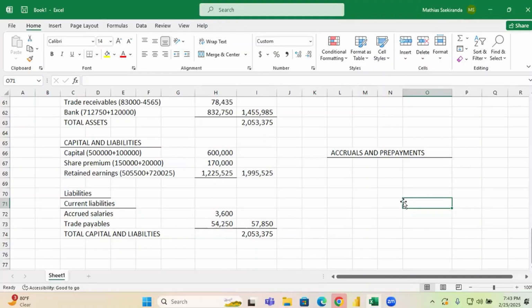Prepaid expenses are under current assets. Because when you talk about prepayments in general, a client may have prepaid to you and you have the prepaid income, or what we refer to as income received in advance. So income received in advance is under current liability.